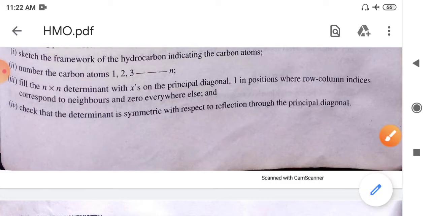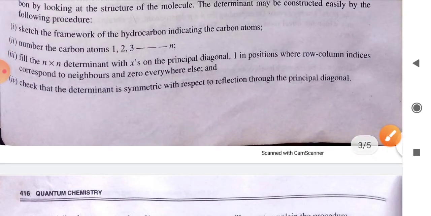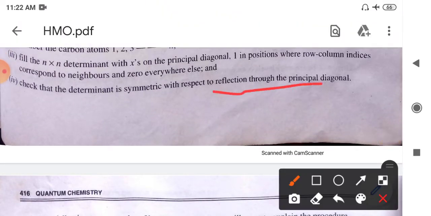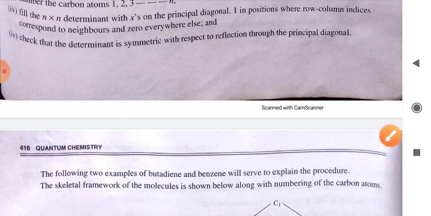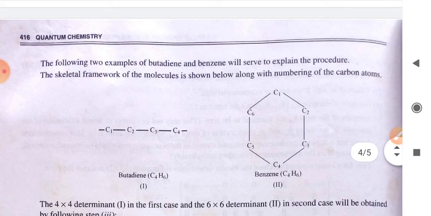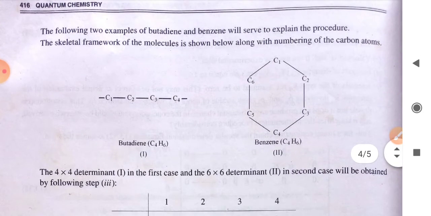Now check that the determinant is symmetric with respect to reflection through the principal diagonal axis. So if we have obtained the secular determinant, we can verify it using the principal diagonal axis, and you should get the mirror image. The following examples, butadiene and benzene, will reveal how that structure and that secular determinant can be obtained for the given system.